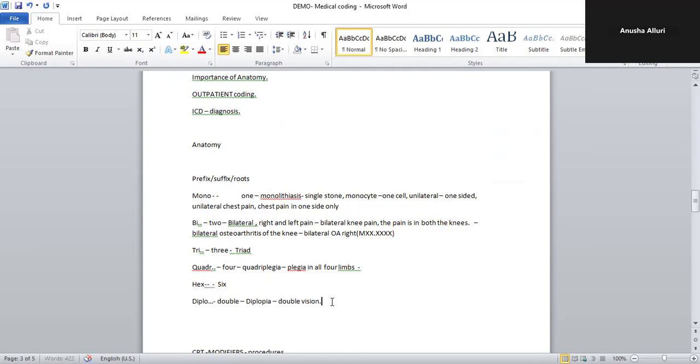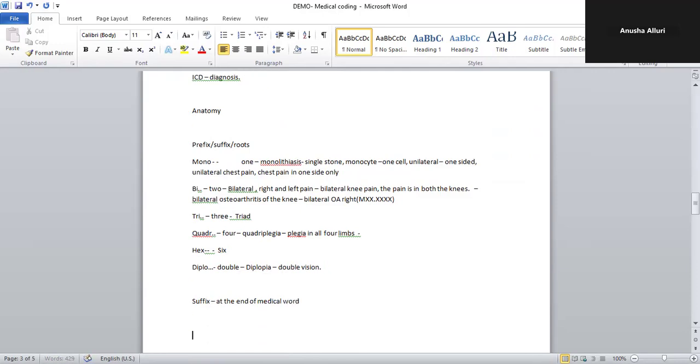What are the suffixes? Suffixes are the words at the end of a medical word. Basically they come with procedures.